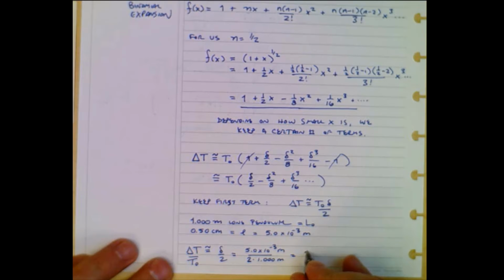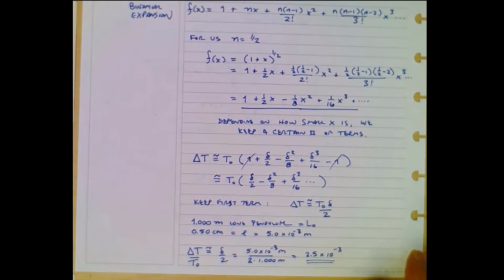In other words, this is 2.5 times 10 to the minus 3. So, 1/4% of period change. Well, that's not all that much.